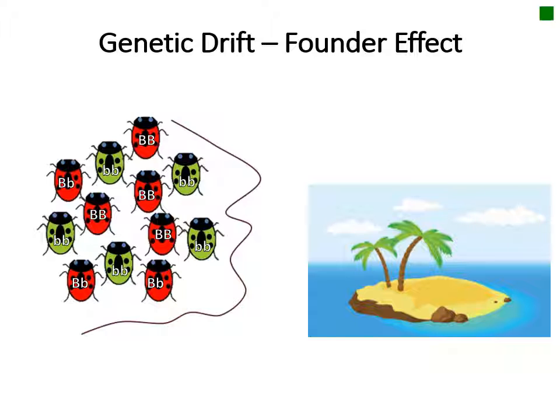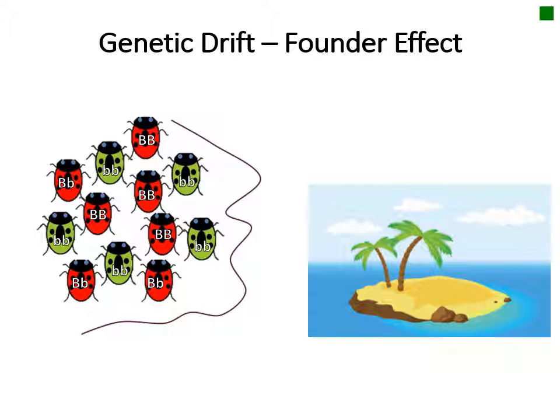The other common example of genetic drift is the founder effect. A founder effect occurs when a small population breaks away from the larger population and resettles somewhere else, i.e., they found a new population. The allele frequency of this new population may be different than the original due to random chance of which individuals happen to move.